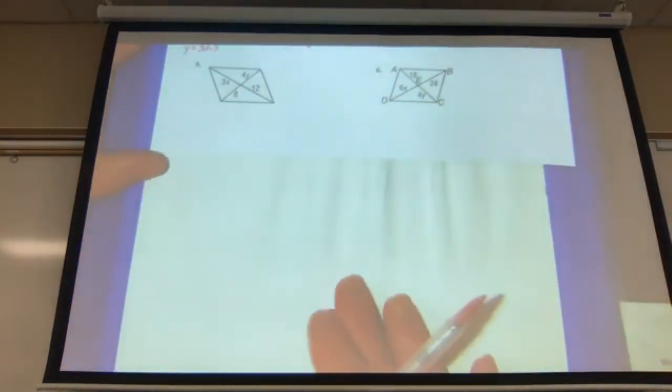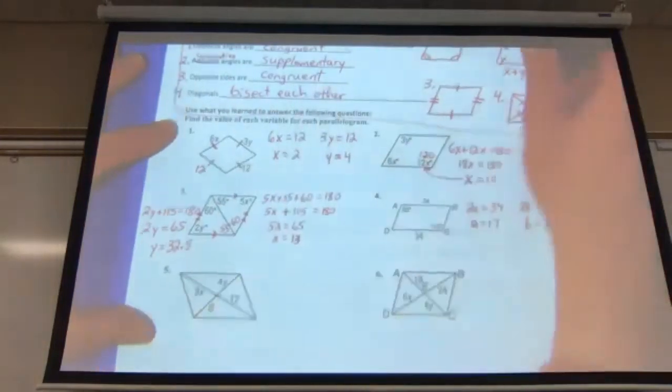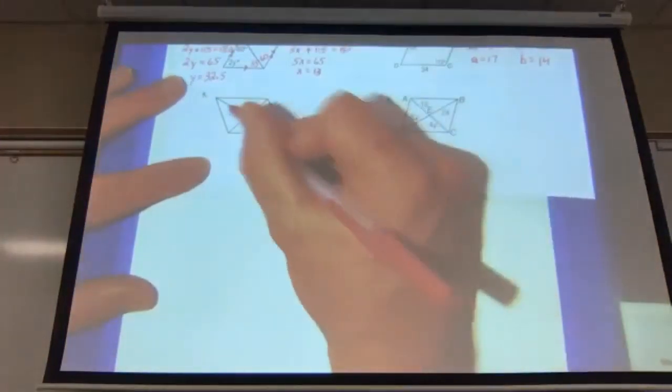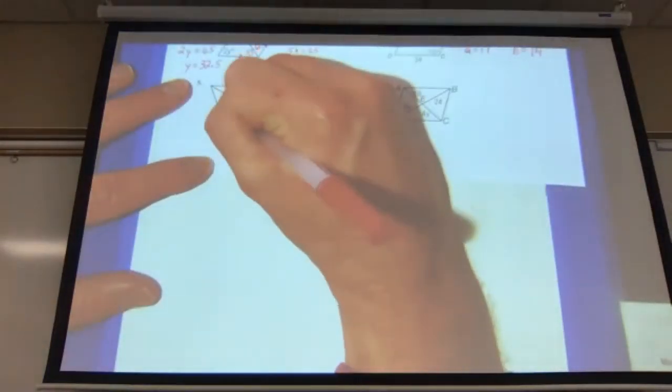5 and 6 are both very similar to each other. On 5, you've got two diagonals drawn in. You go back to your theorems. Diagonals bisect each other. So I'm going to draw on my picture what that means. Each diagonal is going to get split in half. These two parts will be the same, and these two parts will be the same.